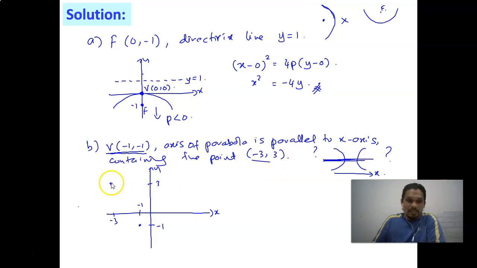It is either something like this or this one. It cannot be something like this, because we cannot state the point negative 3 and 3 on both of these. Since axis of the parabola is parallel to the x-axis, I think it is going to be something like here.